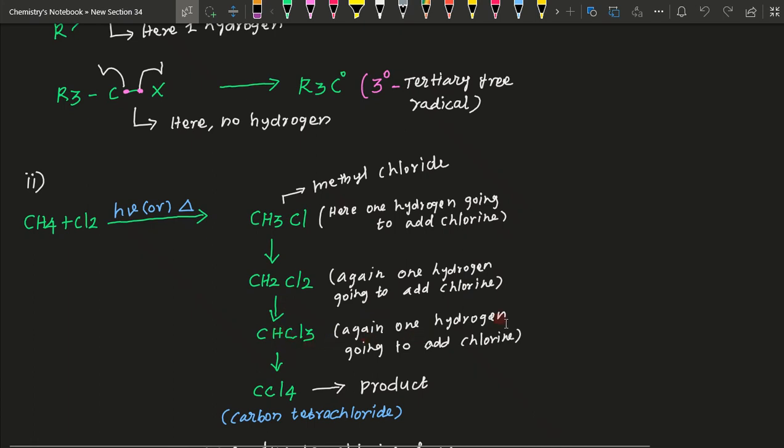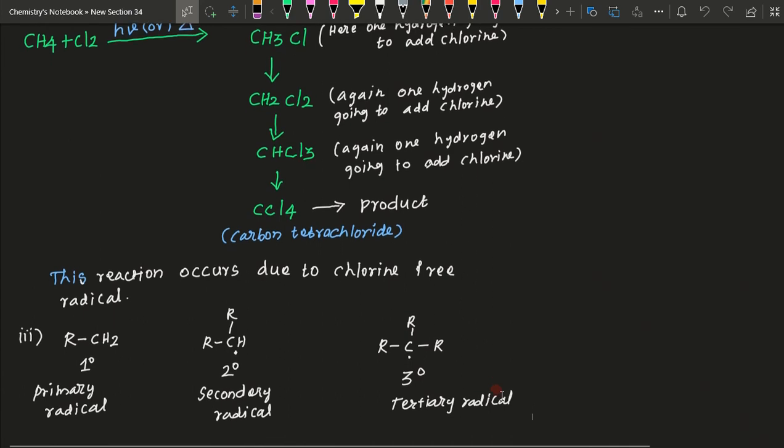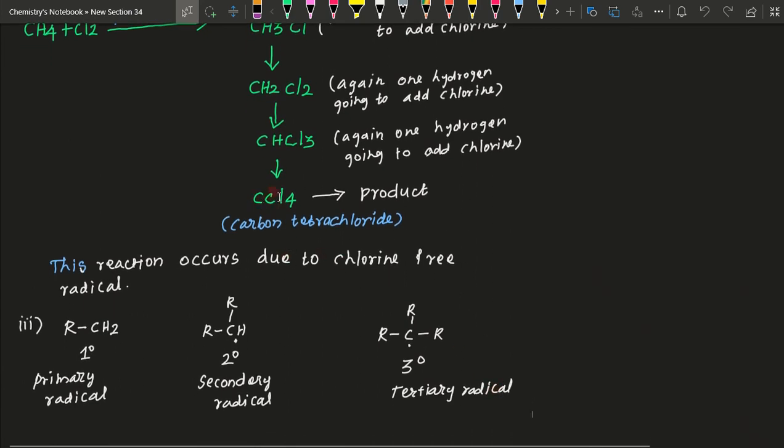Again one hydrogen is replaced by chlorine, so we get CCl4. This is the product, one of the best examples for free radical. This is called carbon tetrachloride. This reaction occurs due to chlorine free radical.